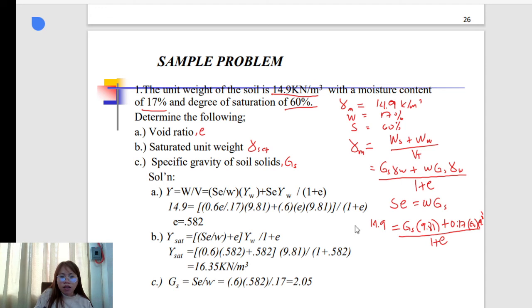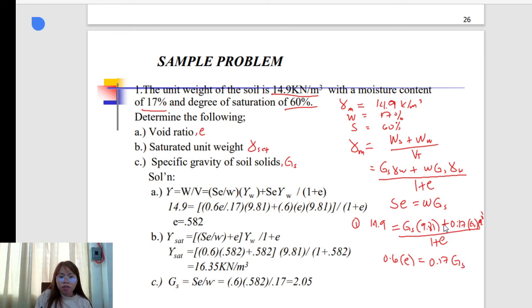This one is the first equation, but we can also have this second equation: degree of saturation is 60%, so 0.6 times E, which is unknown, equal to 0.17 times the G sub S, which is unknown.